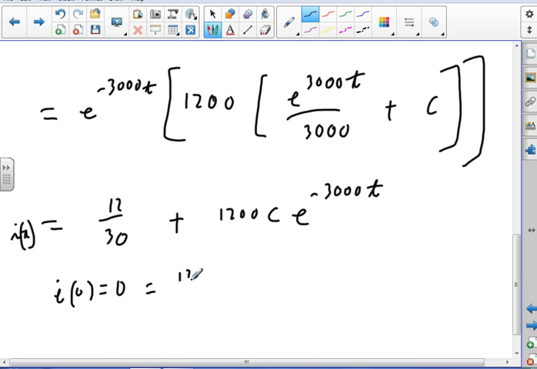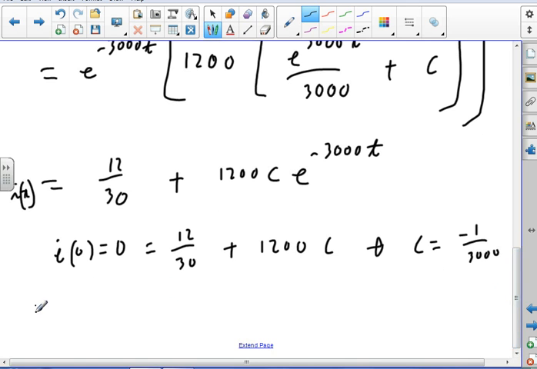Which is 12 over 30 plus 1200 c, implying c is 1 over 3,000. That's pretty weird. No, it's not. Minus. That's better. Minus 1 over 3,000 because I have to equal 0, right?